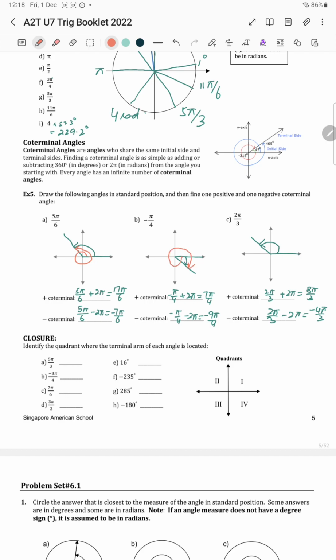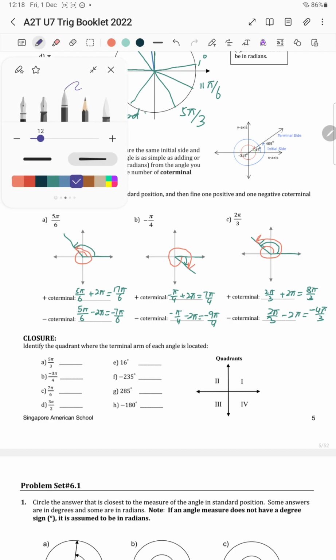This is the positive coterminal angle that I am drawing. The red one is the positive coterminal angle, and I will use purple for the negative coterminal angle.